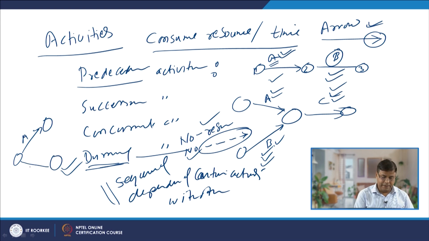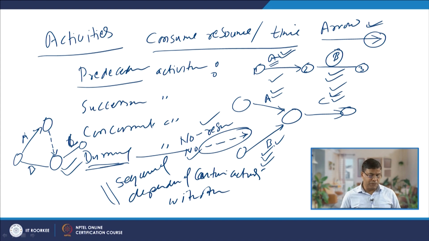So, to show this, say there is one typical diagram with activities A and B, and then we have activity C. Although A and B are concurrent or parallel activities, C can be taken up only after completion of A. Then to show this relationship we will draw a dotted line like this.